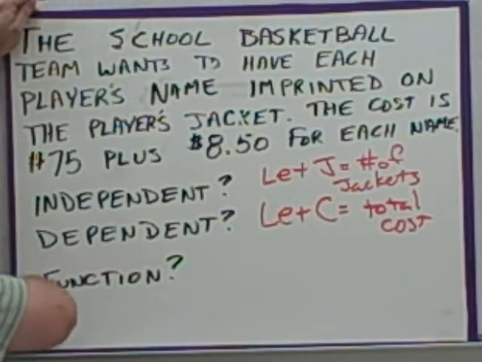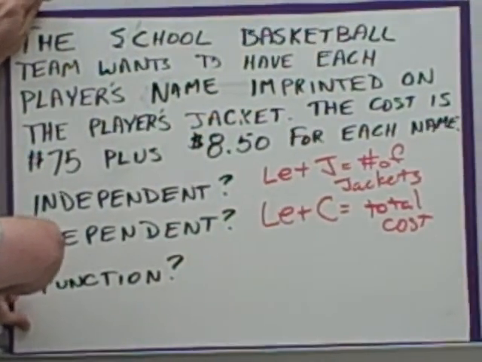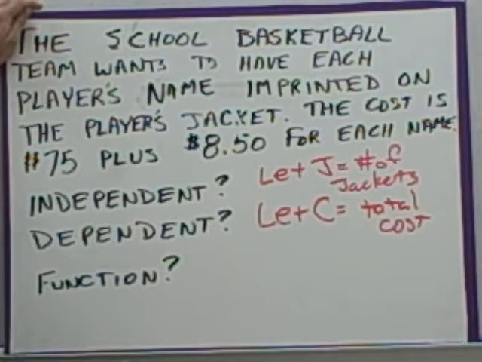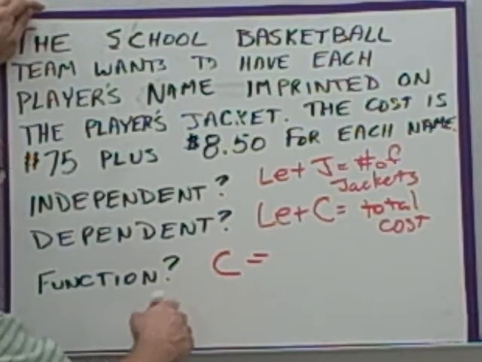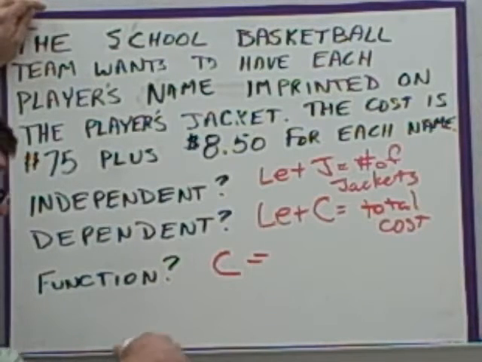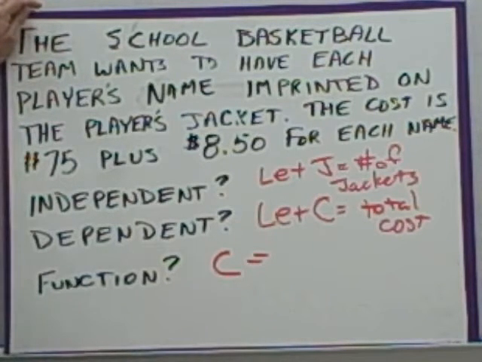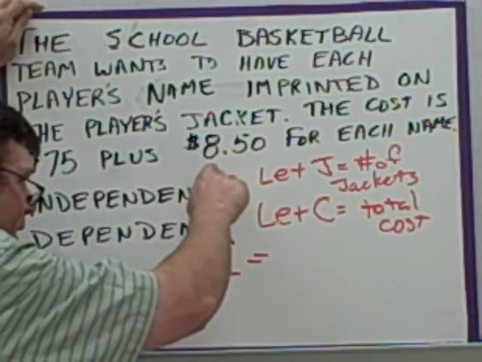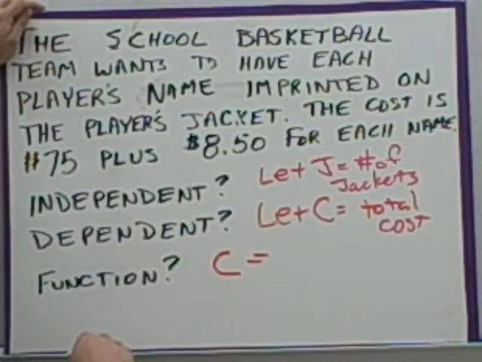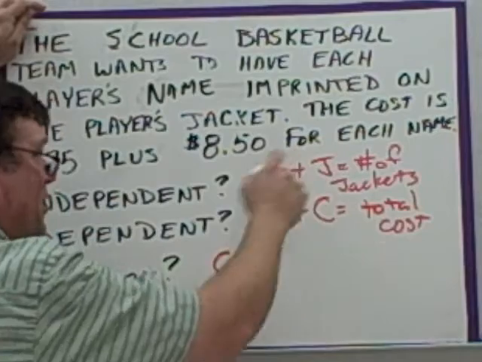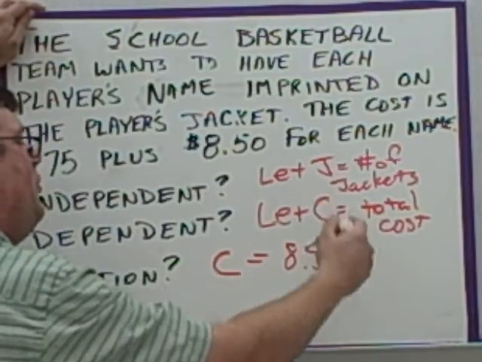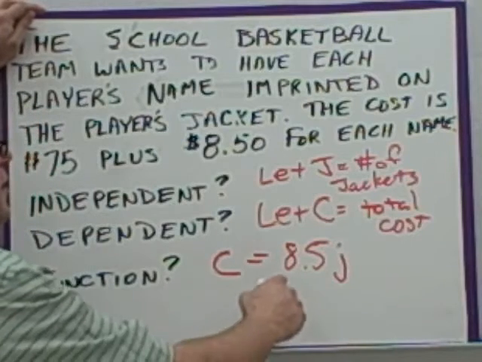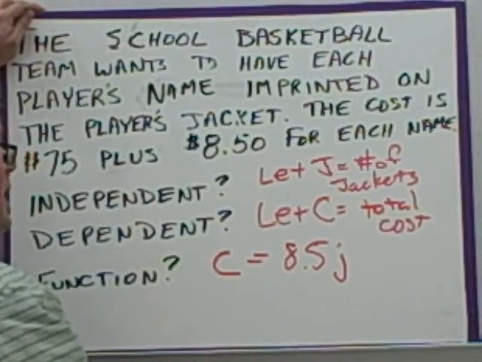Now we're also asked for the function itself. So to create the function to find the total, whenever we're looking for the total, it goes on one side of the equal sign all by itself. C equals. We have $8.50 for each name. So it'd be 8.5 for each of the jackets. Each is a keyword for multiplying.